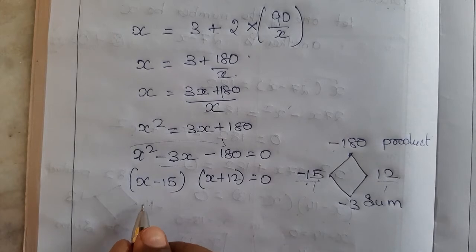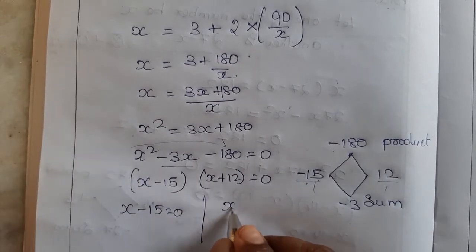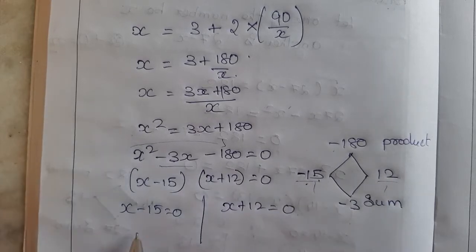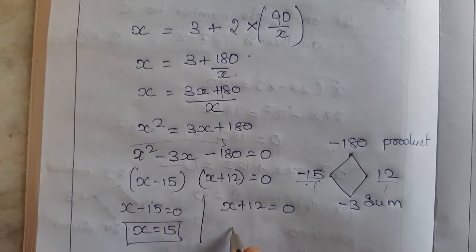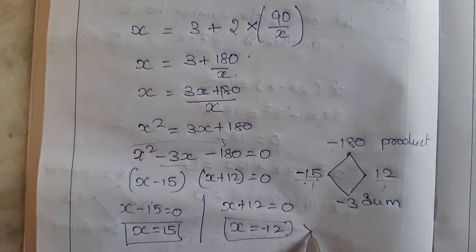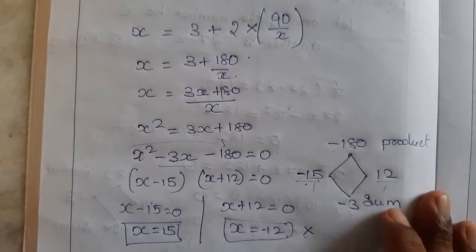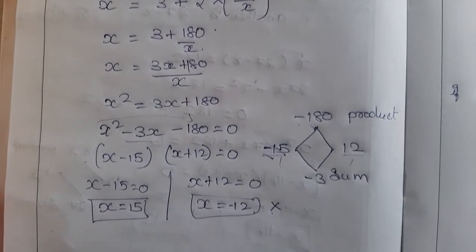So either x minus 15 equal to 0 or x plus 12 equal to 0. If it is the first, then x is equal to 15. If it is the second, x is equal to minus 12. So is minus 12 possible? No, right? Why? Because we considered x as the cost of each article. Can the cost be negative?